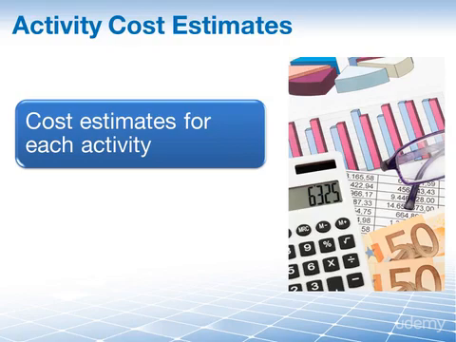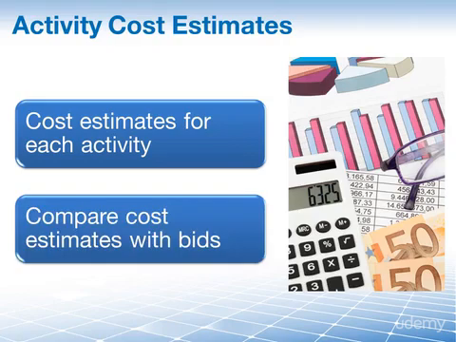You use these activity cost estimates to compare them against bids or proposals that you get from vendors. Assuming your estimates are fairly accurate, in other words, your cost estimation methods were sound and underlying assumptions behind your estimates have not radically changed since when your estimates were created, you can then use these estimates to gauge if bids and proposals you receive are actually reasonable.